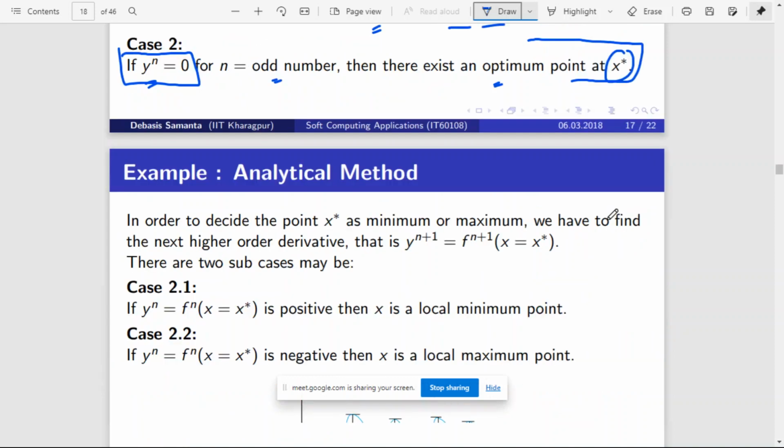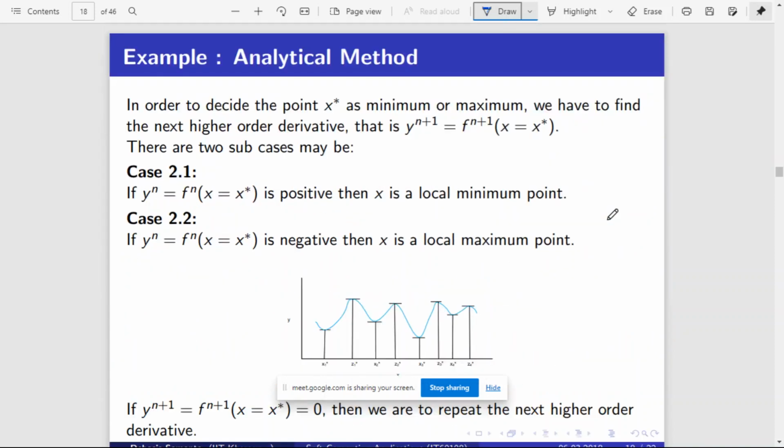Now we have to find whether that optimal point is a minimum point or a maximum point. In order to decide whether the point x star is a minimum or maximum, we have to find the next higher-order derivative, that is y n plus 1 is equal to f of n plus 1 at x is equal to x star.